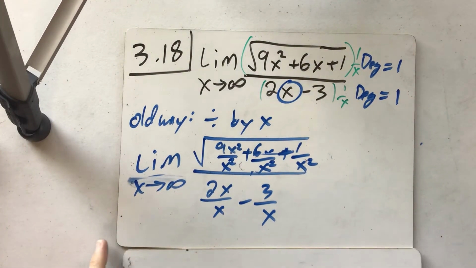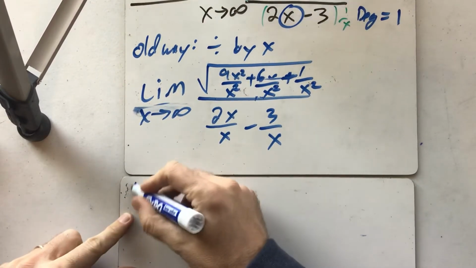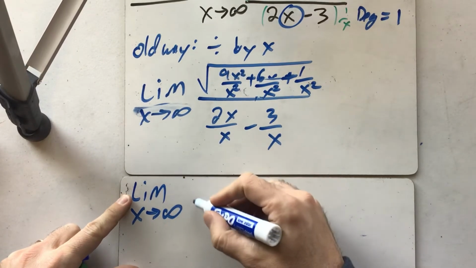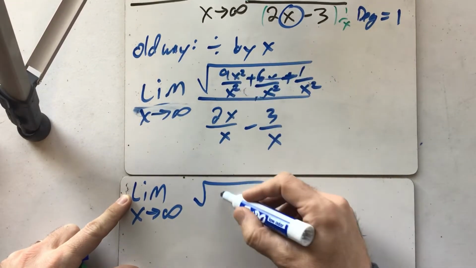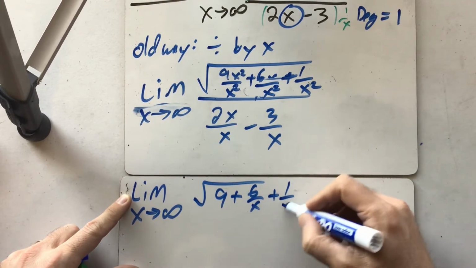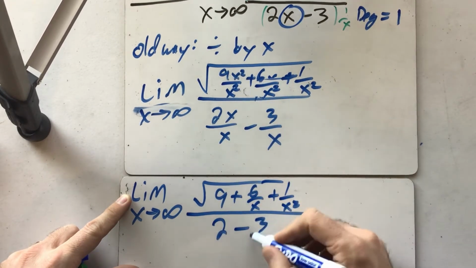Okay, so with that being done, we're now ready to finish the problem out because this becomes the limit as x approaches infinity of the square root of 9 plus 6 divided by x plus 1 over x squared. And then the denominator is 2 minus 3 over x.